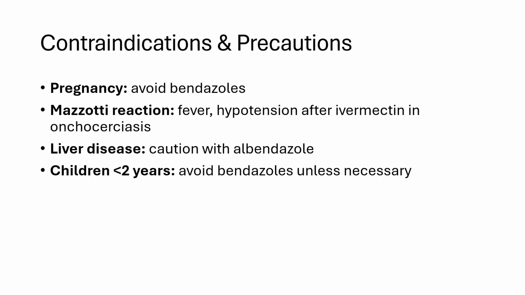So the Mazzotti reaction, this is specific to treating onchocerciasis with ivermectin, and this is where patients will get fever, pruritus, lymphadenopathy, hypotension, and so not necessarily an allergic reaction, but rather an inflammatory immune response. So we may need to add corticosteroids to that treatment regimen. Liver disease, we have to be cautious with albendazole. And then in children less than 2 years, we're going to avoid our bendazole class unless absolutely necessary.